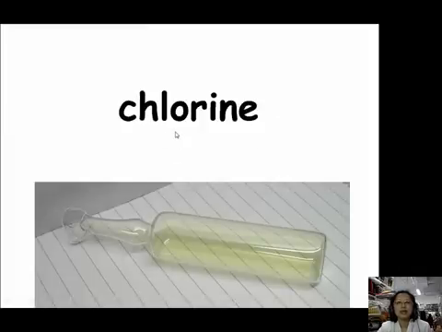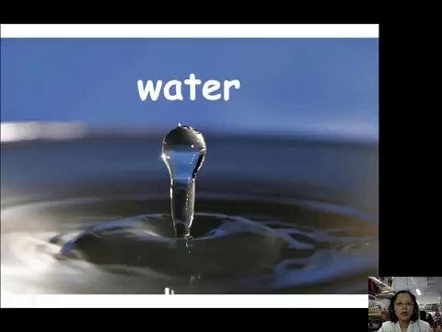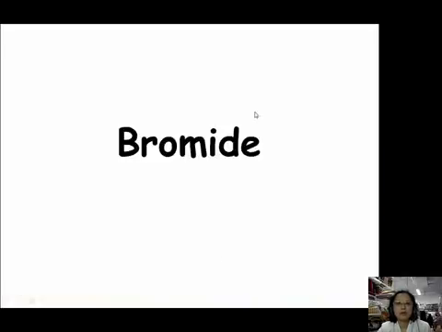For chlorine, there's one prefix, chloro, C-H-L-O-R-O. For water, there's one prefix, hydro, H-Y-D-R-O. For bromide, there's also one prefix, bromo, B-R-O-M-O.